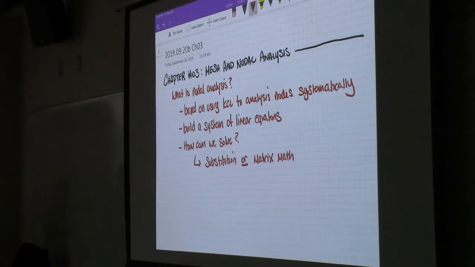And for solving, we can use substitution or we can use matrix math.